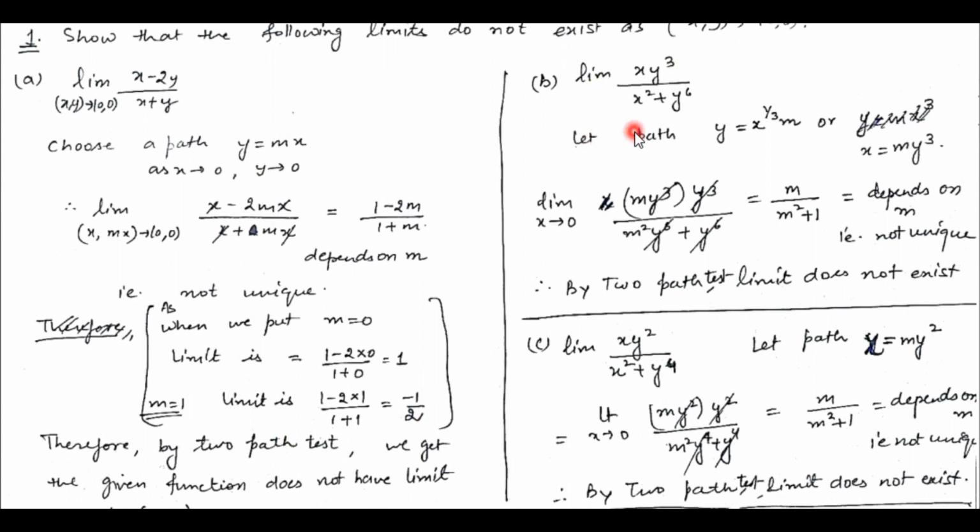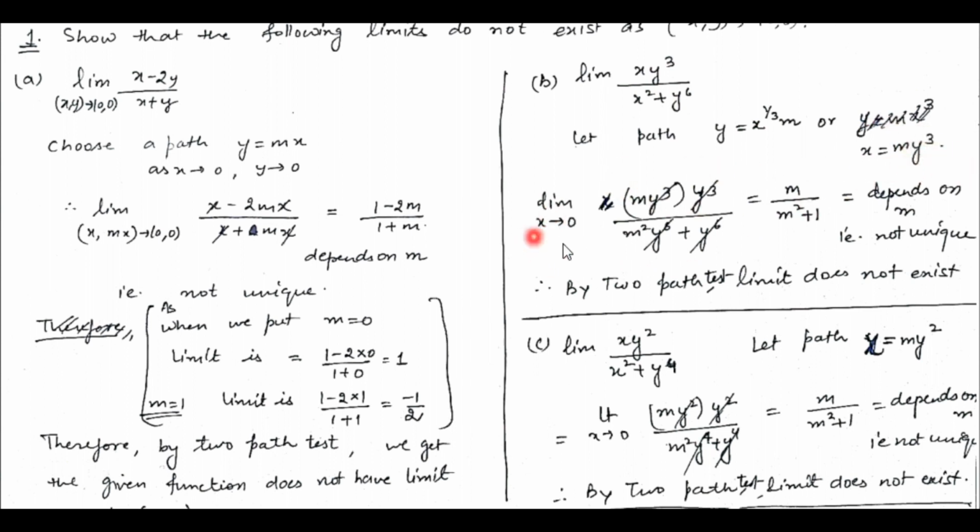Same way in part B, we are given a function xy^3 upon x^2 + y^6. Here we can choose a path x = my^3. When we put this, the terms in y cancel out and we are left with m only. Rather than taking x tending to 0, we can write y tending to 0, because we converted x to be a function of y, so whenever x is going to 0, y is also going to 0.